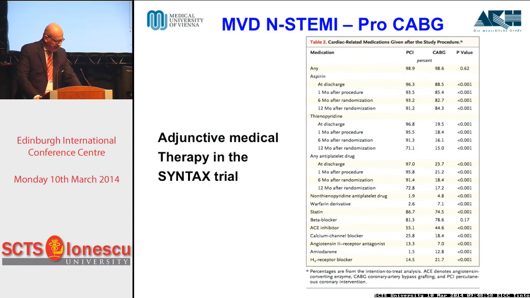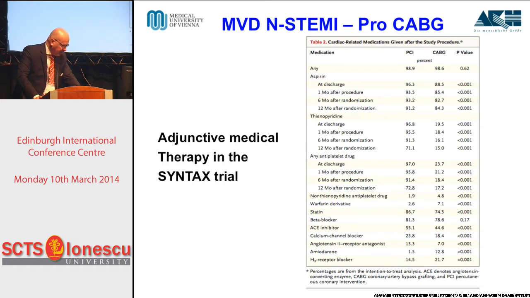Also for this particular patient, after 1 year, for example, what we can learn from the SYNTAX trial is that the adjunctive medical therapy is much less for the CABG group than in the PCI group. I don't understand why we have less antiplatelet medication, but we also have not only less antiplatelet medication, we have less statin therapy, for example, 75% versus 86% in the stent group.